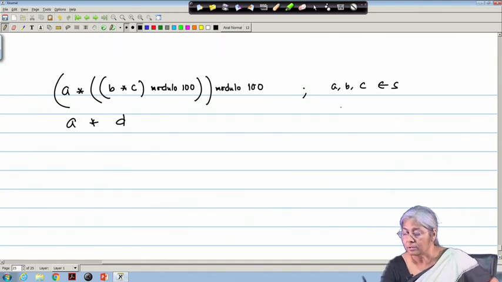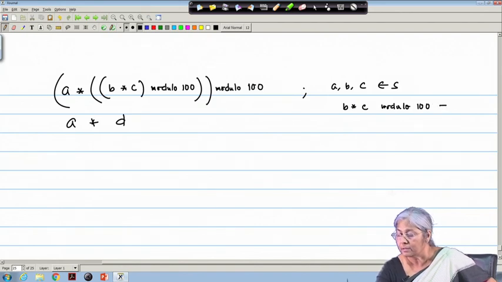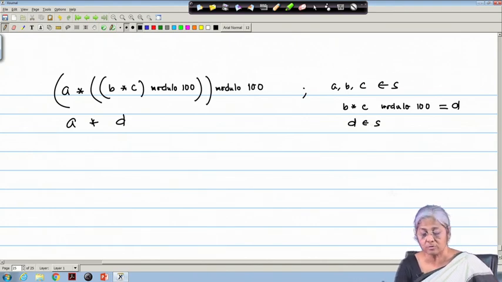So, let B star C modulo 100 be D. Obviously, D belongs to S because it is closed.